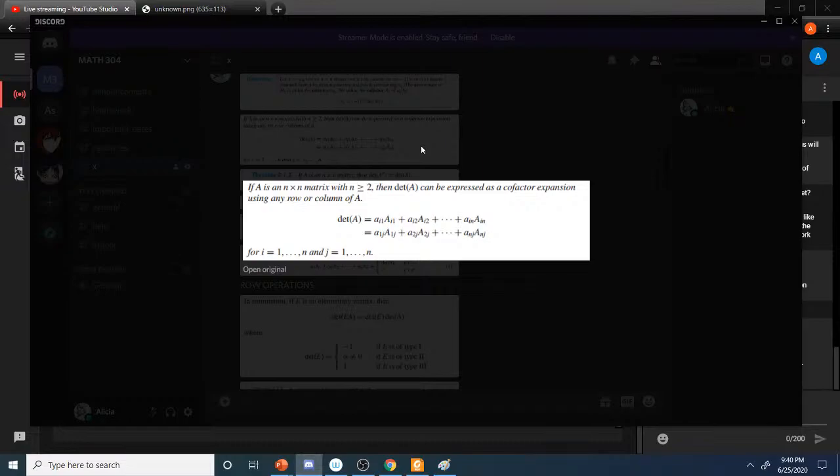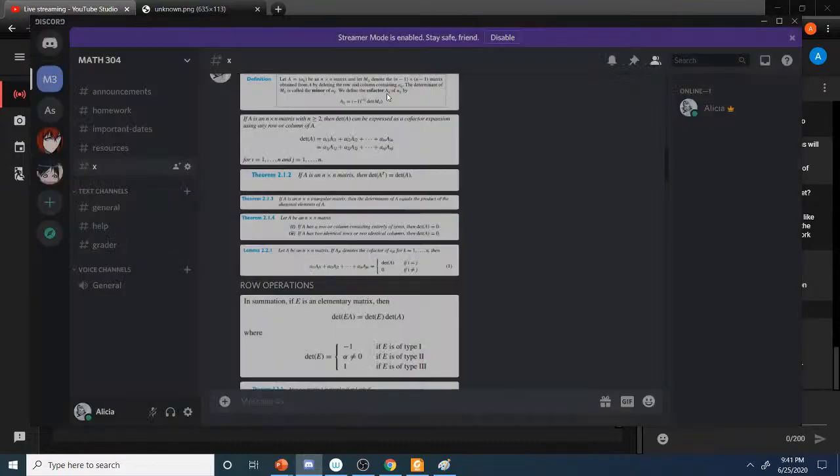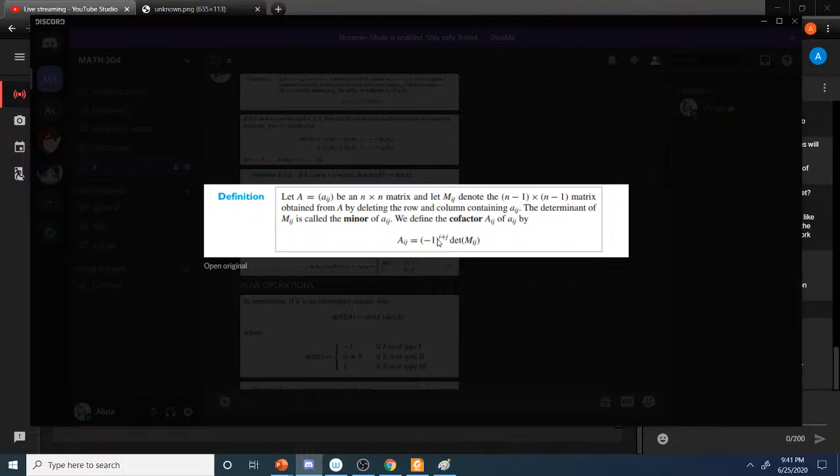The key thing to remember, and this is the thing that everyone always forgets when computing determinants, is that when you're computing these cofactors, the cofactor can have a different sign depending on where it is in the matrix, and the dependence of the sign is this i plus j term here. That's something a lot of people often overlook when they're doing these computations.